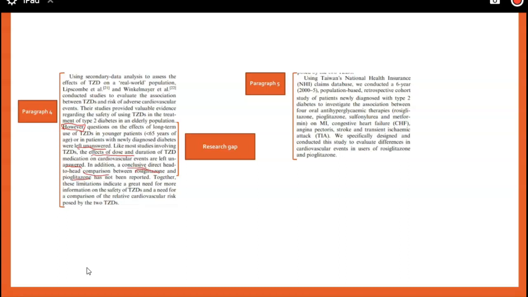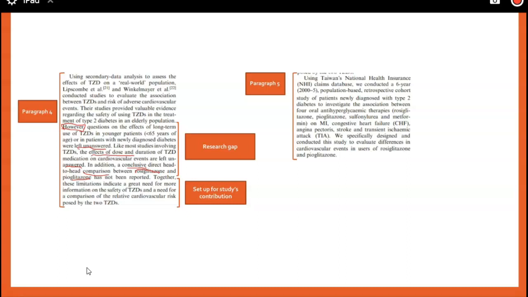So here the authors are already giving us some hints about what they will be investigating, right? What the study will be addressing, namely these research gaps that they've identified. And then here they have a really nice setup for the study's contribution at the end of this fourth paragraph. Together, these limitations indicate a great need for more information on the safety of TZDs and a need for comparison of the relative cardiovascular risk posed by the two TZDs.